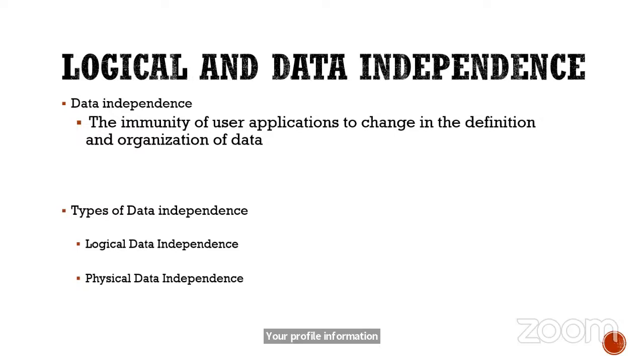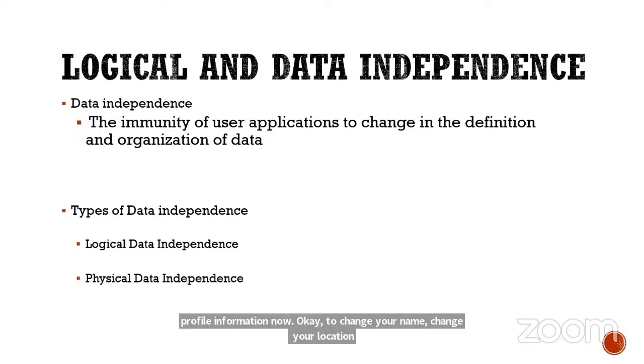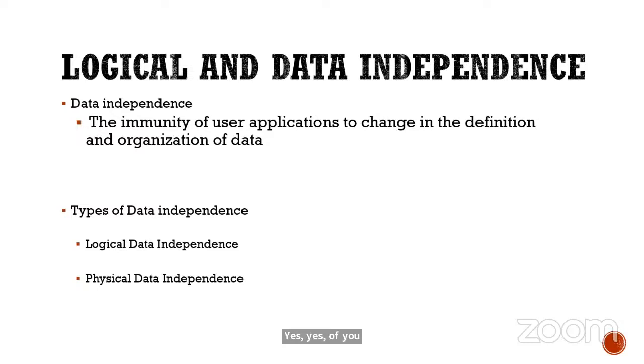You can change your name, change your location, so many things, but it will not affect your profile itself. So the functionality of the profile will not be affected. Yes or no? Yes, sir. That's what we mean by data independency.